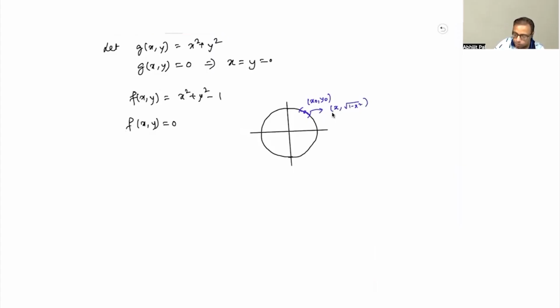So this small arc is a graph of a function.